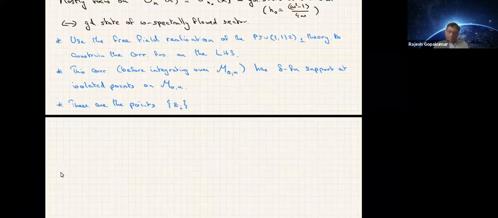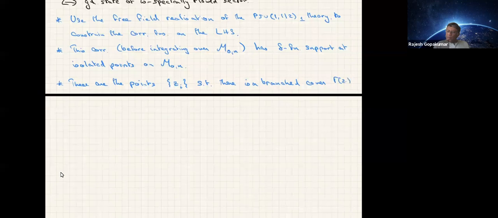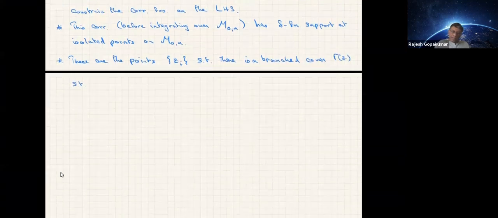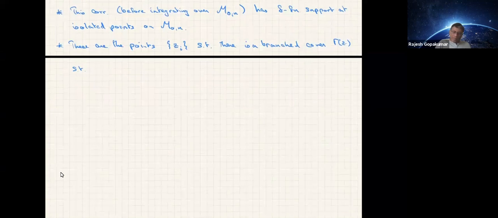So the points where it's localized are the points Zi such that there is a branched cover, which I'll denote by gamma of Z. It's a map from the worldsheet, which is labeled by Z, to the boundary S2 of the AdS3, where it's a branched cover at the Zi's.